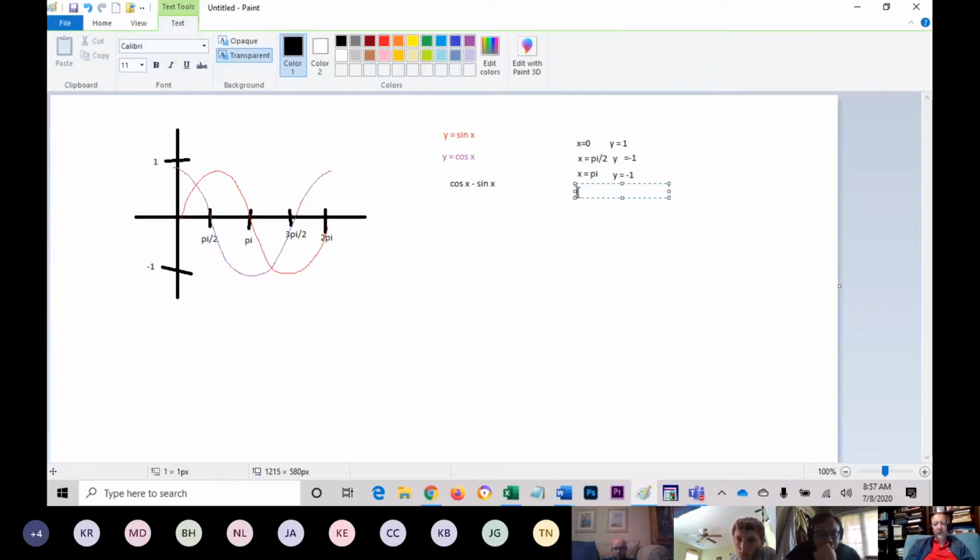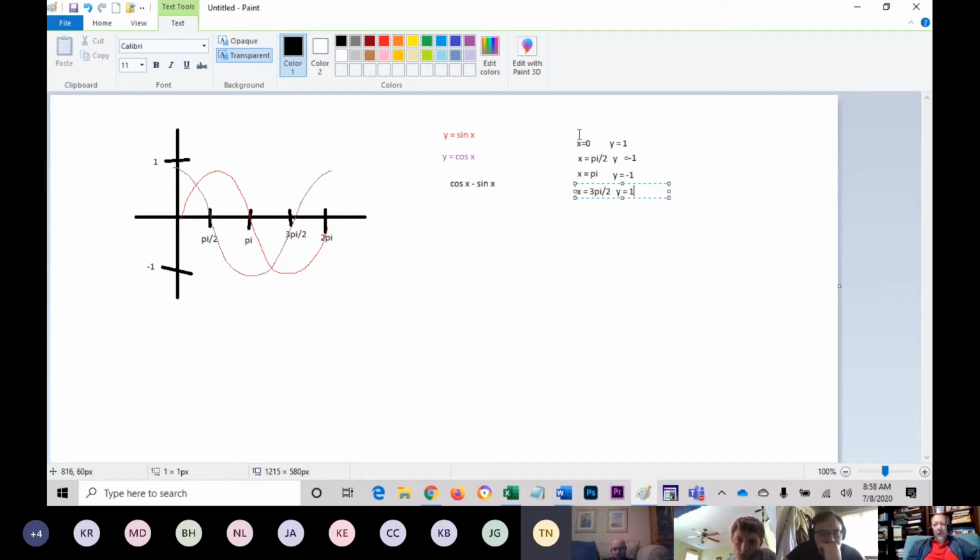Okay. Let's do it again. X is going to equal 3 pi halves. So at 3 pi halves, the cosine is 0 and the sine is -1. So what is y in this case? 1. Correct.